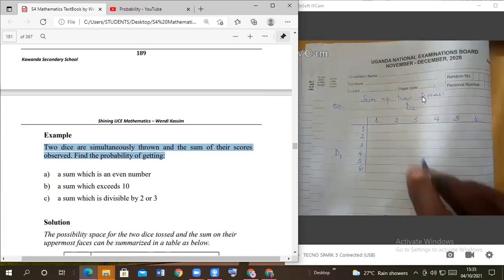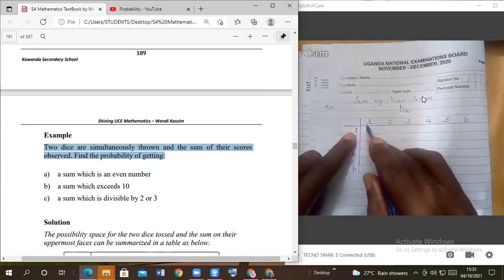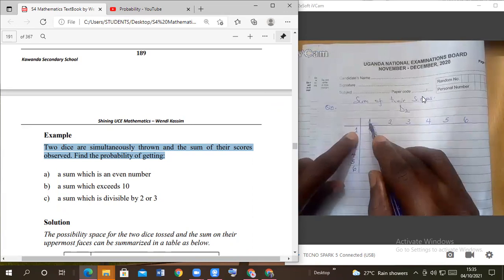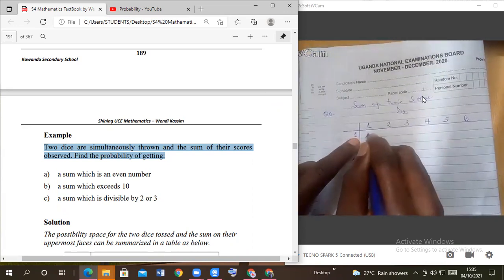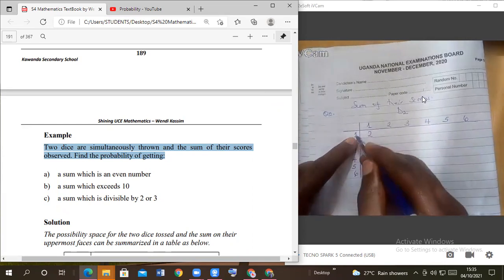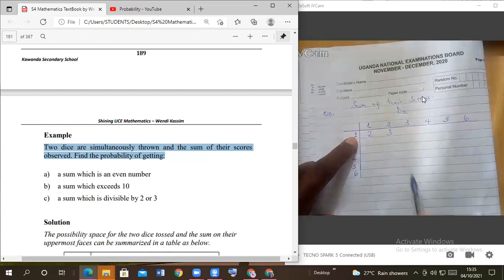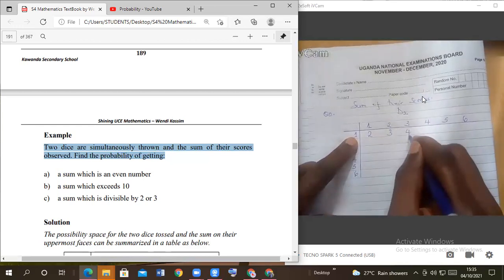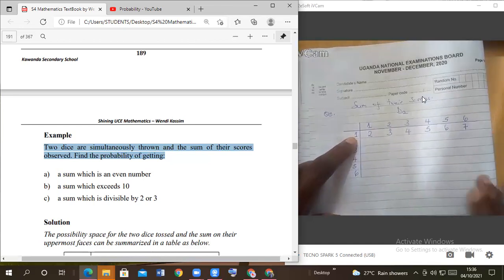So if in the first dial 1 appears, and in the second dial 1 appears, which means 1 plus 1, what do you get? 2. 1 plus 2, we get 3. 1 plus 3, we get 4, 5, 6, 7.